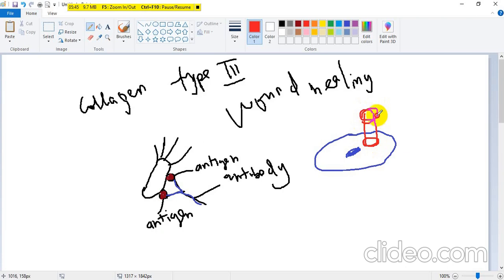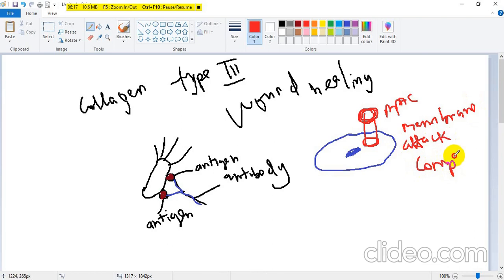So the lectin pathway will lead to the membrane attack complex. That's the mark: membrane attack complex.